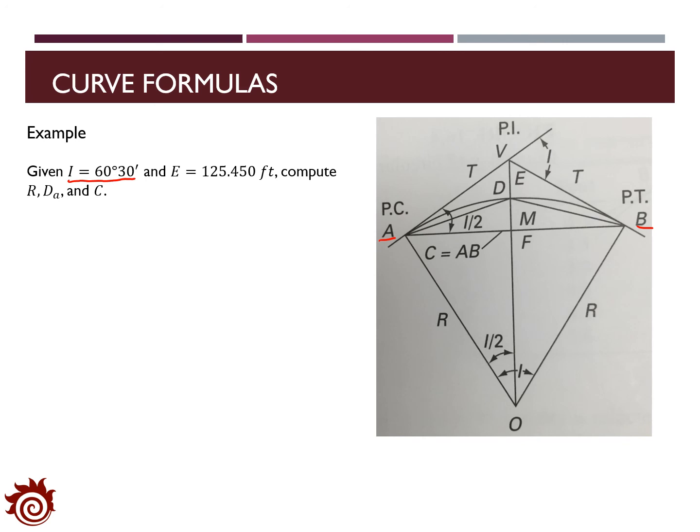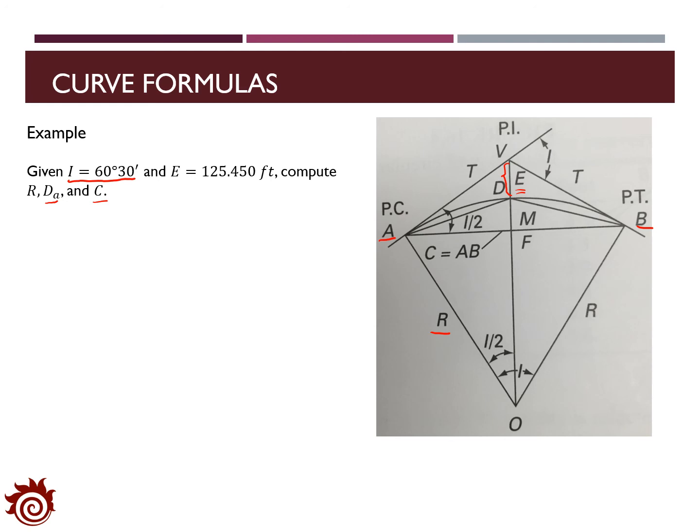And the length of the segment E, which is the line from D to E, is given as 125.45 feet. We want to find the radius of the curve R, the degree of curvature based on the arc definition, and the chord length.